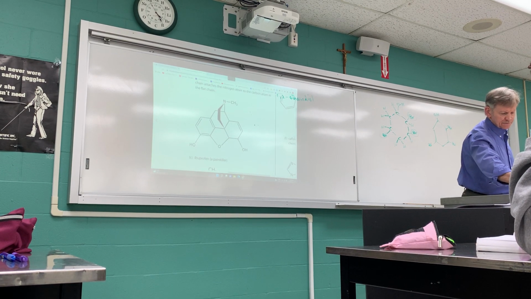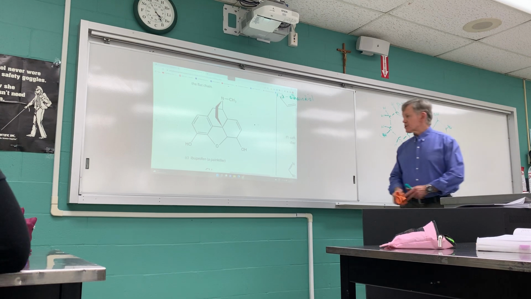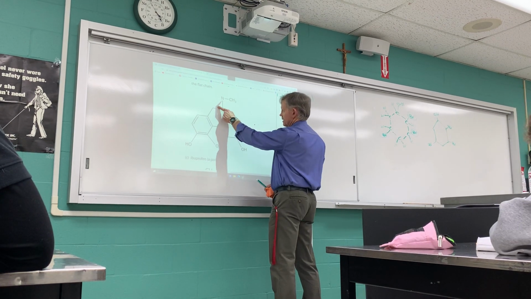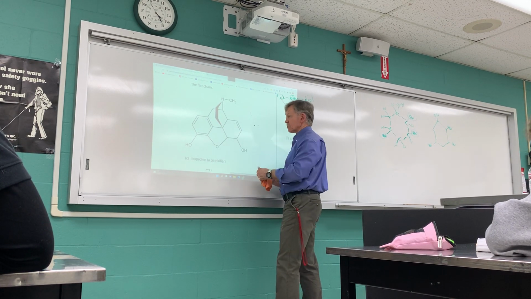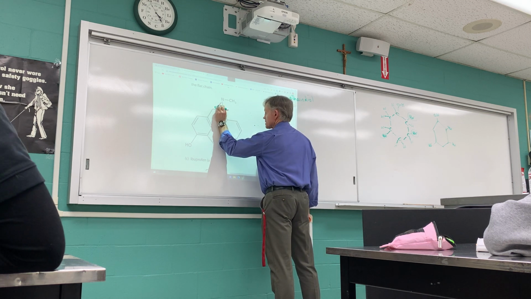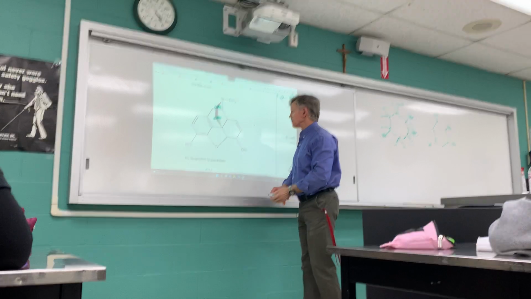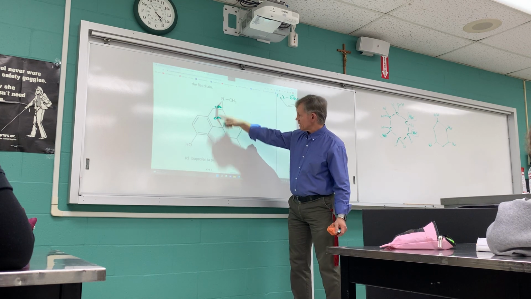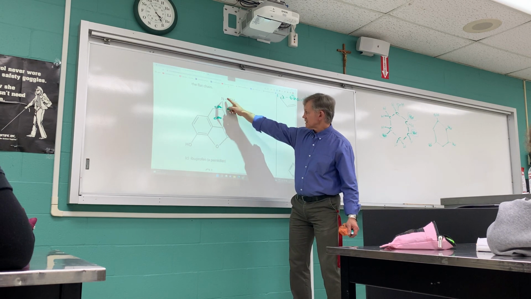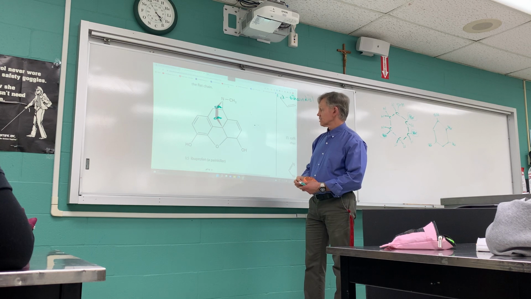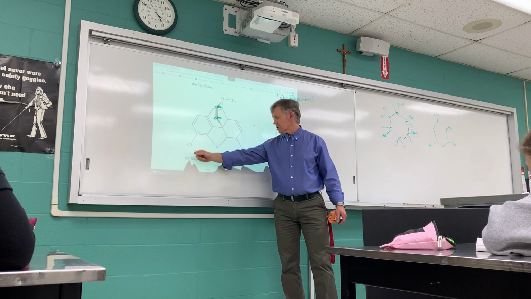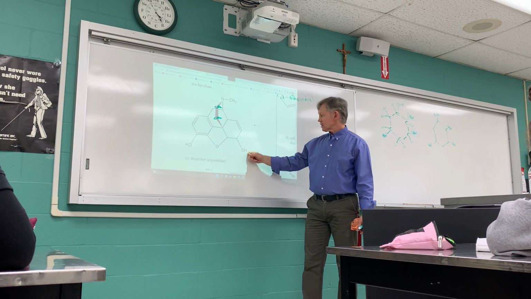Here's morphine. This bridge here, as we've said before, indicates it's coming out of the board. So what we have there is a CH2 and a CH2. And it basically connects this nitrogen via that bridge to this carbon. But that itself is a functional group. We've got an aromatic ring here. We've got a hydroxyl there. We've got a hydroxyl there.